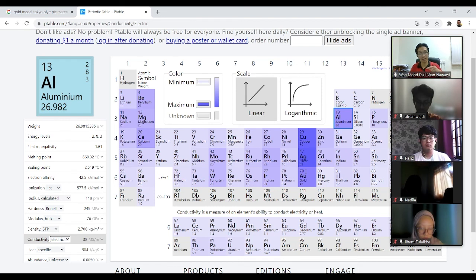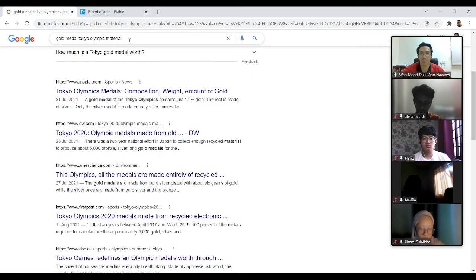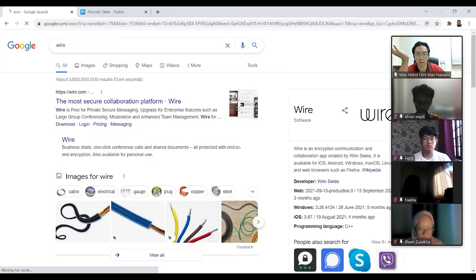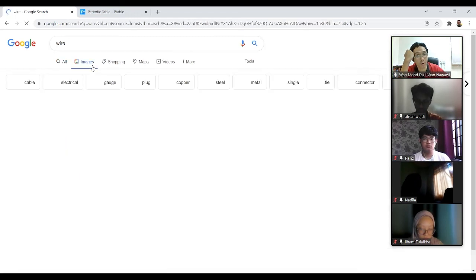In the wire, they still use copper because you see in the wire they have this cable, right? They are shielded by the polymer. The wire kan ada polymer. So tak kisahlah. Even though they use copper there, they are not exposed to the oxygen, something like that.